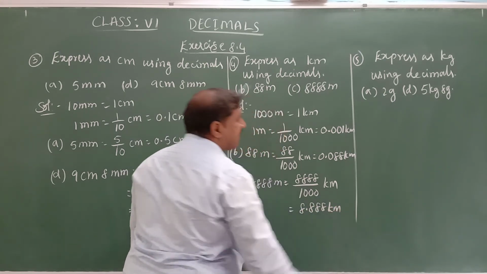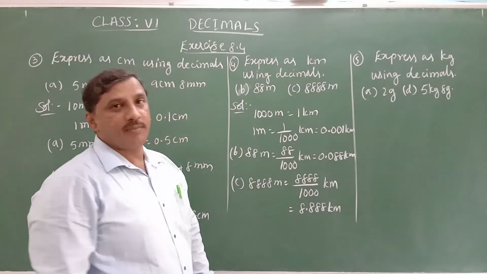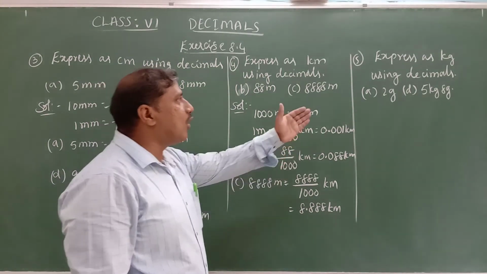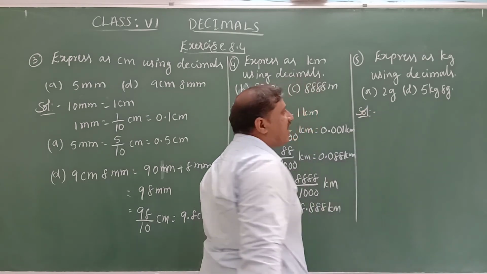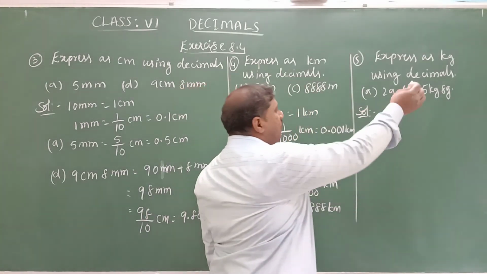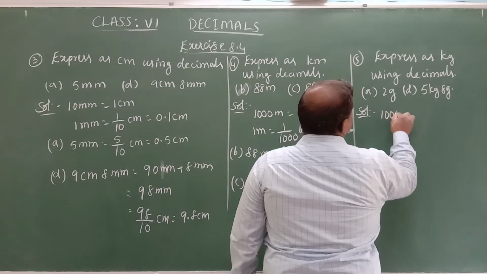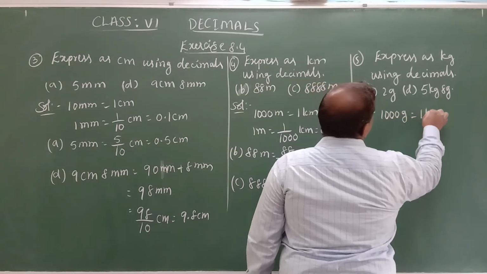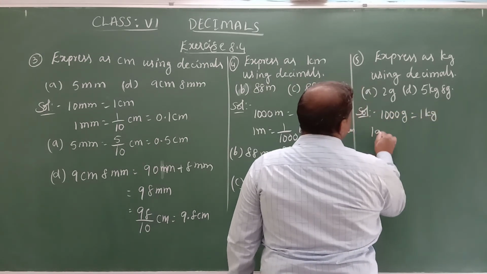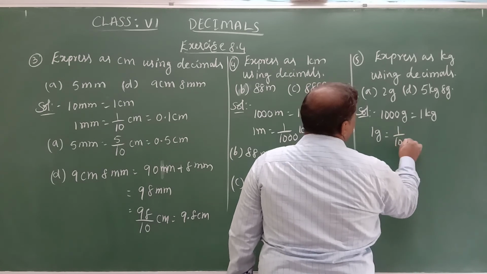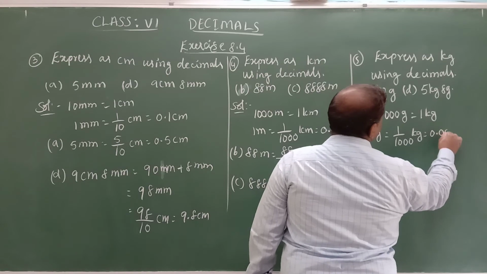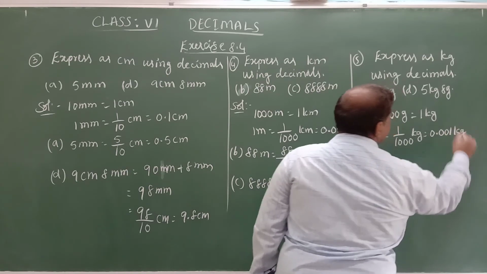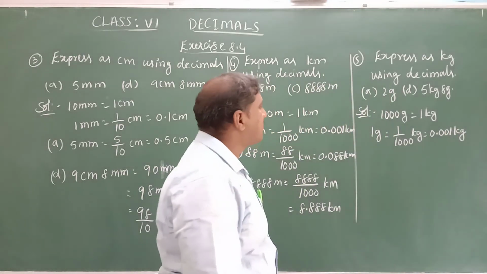8.888 kilometers. Now the fifth question, express as kilograms using decimals: 2 grams and 5 kg 8 grams. So we know 1000 grams is equal to 1 kg. Now 1 gram is equal to 1 by 1000 kg, that is 0.001 kg.